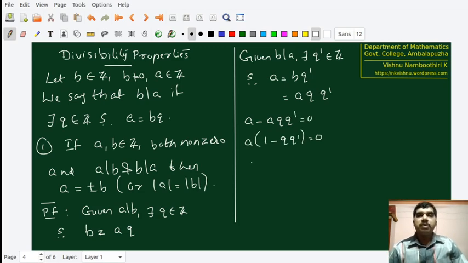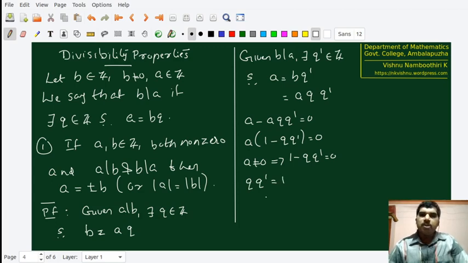But remember that we have assumed already that a is not 0. So we have a product equal to 0, one is not 0, therefore the other one has to be 0. Therefore 1 minus qq prime must be 0, or qq prime must be equal to 1.